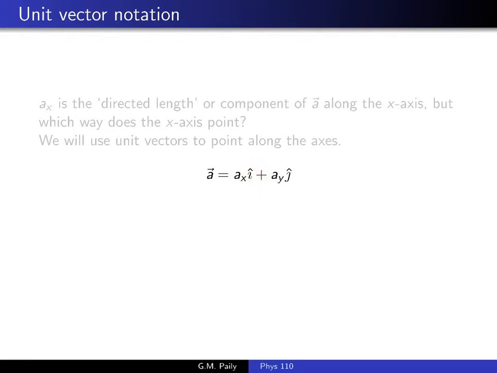This is called i hat, plus ay times j hat. I hat is the unit vector pointing in the direction of increasing x, and j hat is the unit vector pointing in the direction of increasing y.